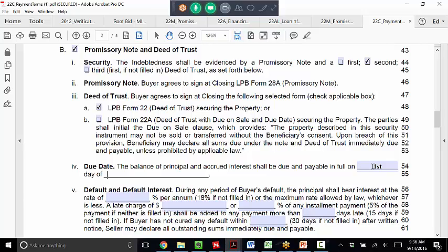So what's really common in this practice is you use this, but you give the seller assurances that, hey, this is only temporary. My client is going to refinance this whole thing and get you paid off in full as soon as humanly possible.